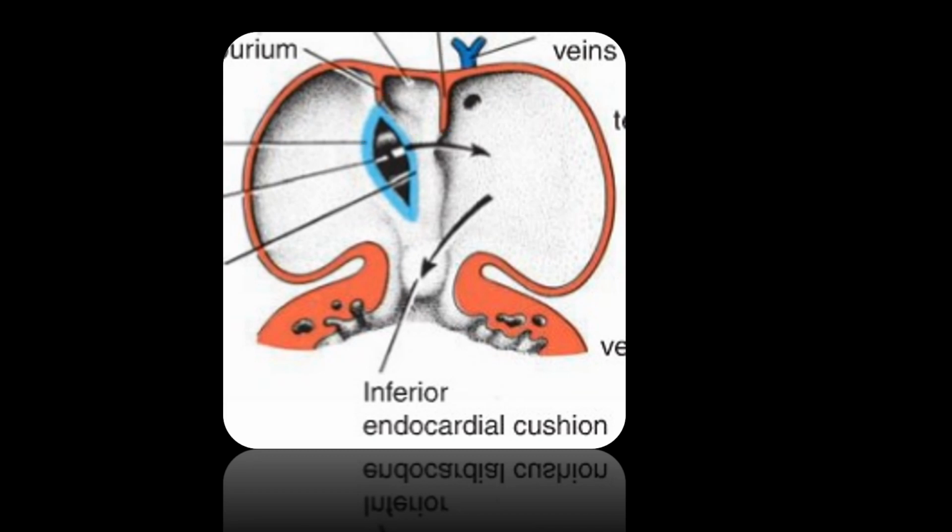When the formation of the atrioventricular cushion is in progress, there is an internal separation of the atrium into right and left parts by the development of septum primum. So this septum primum is going to separate the right and the left part.